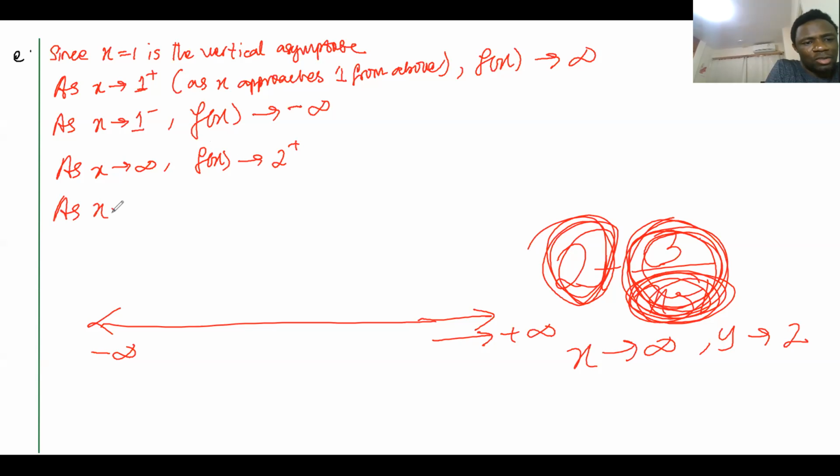And as x tends towards negative infinity, this is going to tend towards 2 from the negative side, from below 2. F of x tends towards 2 from below.